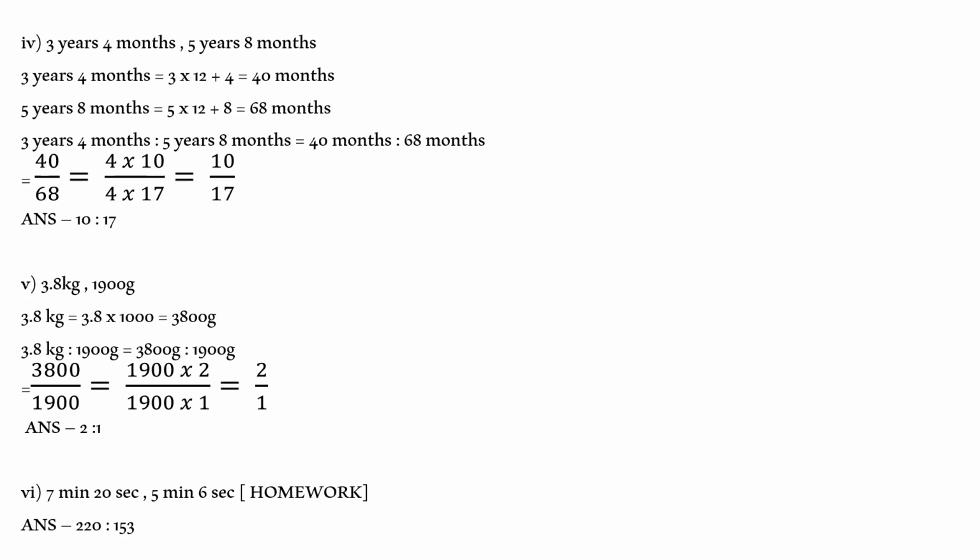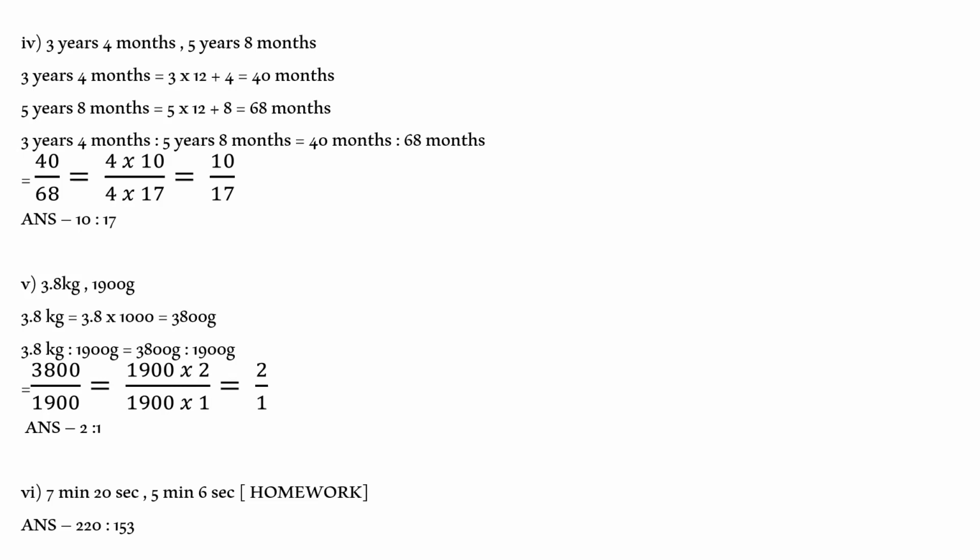So 3 years, 4 months will be 3 multiplied by 12 plus 4 months, which is equal to 40 months. 5 years, 8 months is equal to 5 multiplied by 12 plus 8, which is equal to 68. So we can write 3 years, 4 months is to 5 years, 8 months is equal to 40 months is to 68 months, which is equal to 40 upon 68.